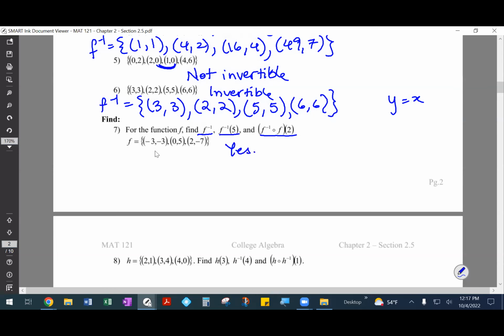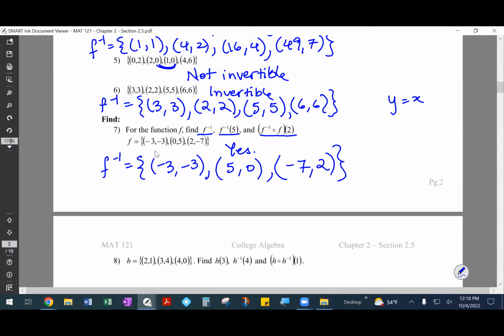So since it's invertible, we can find its inverse. In this case, the first ordered pair will of course stay the same. In the first one, you just can't say that we've interchanged our -3 and -3, but we have. And then (5, 0) and (-7, 2).